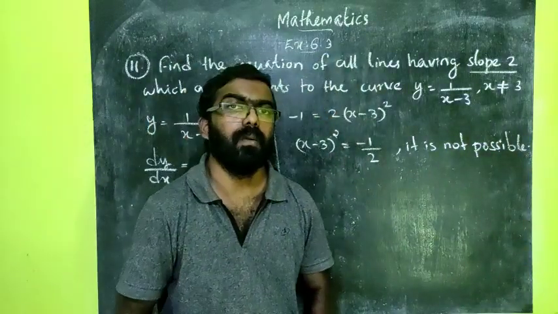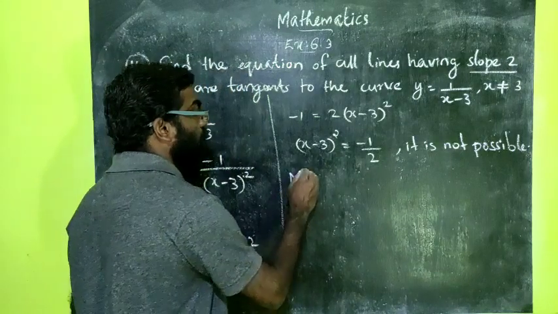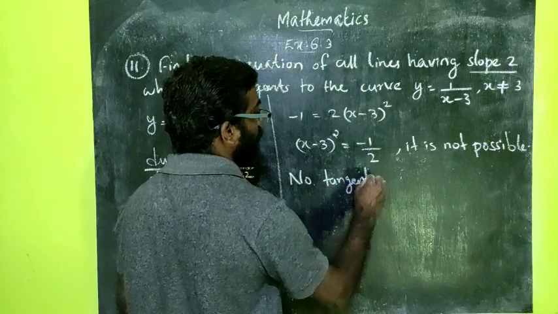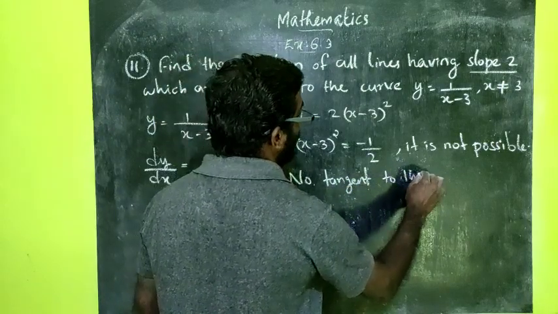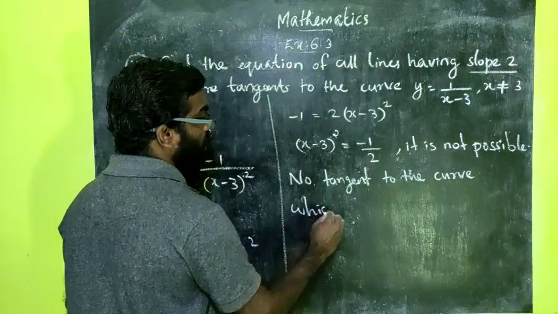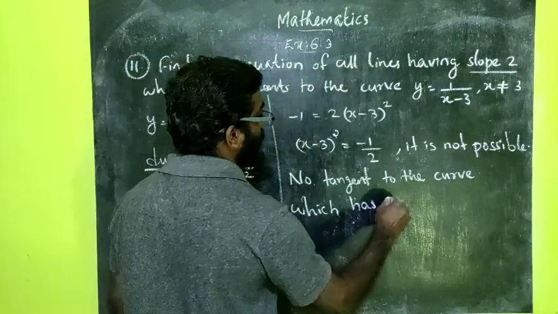So what we can conclude: there is no tangent to the curve which has slope 2.